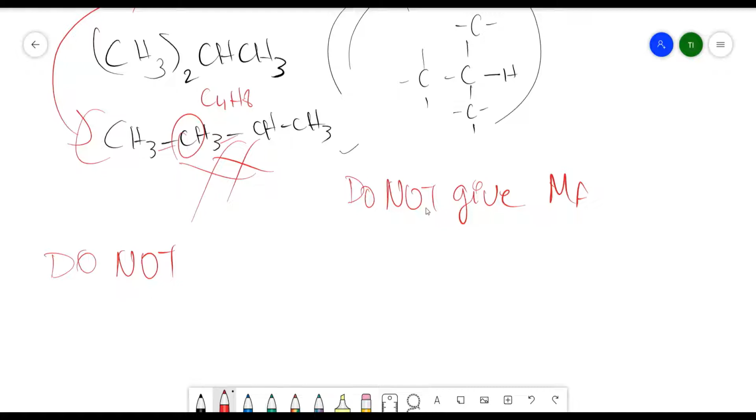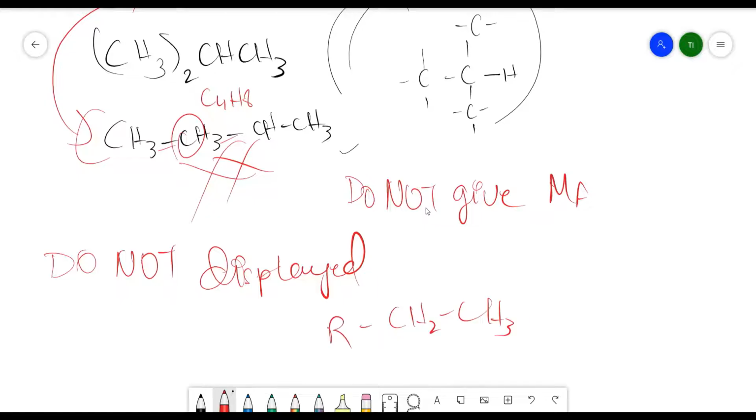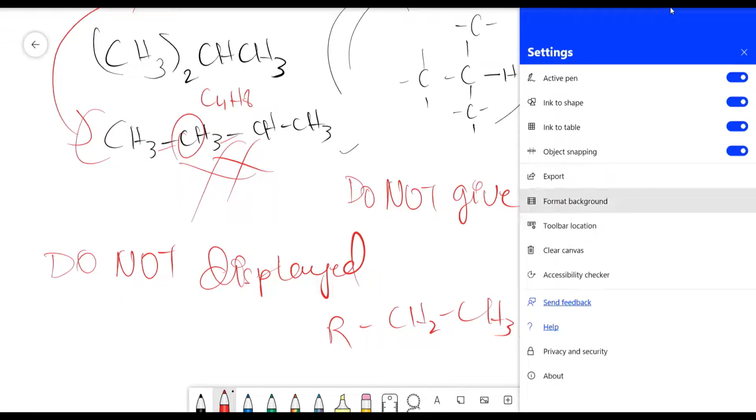Let's say they ask for a displayed formula and you give a structural formula, something like CH2, CH3. They will not accept this, because you didn't read the question. Even if your compound is right, they will not credit you because you're not following what the question asks for. So those are the different ways to represent organic compounds.